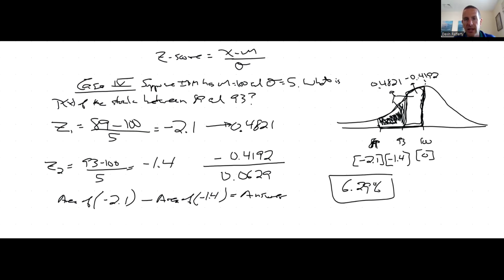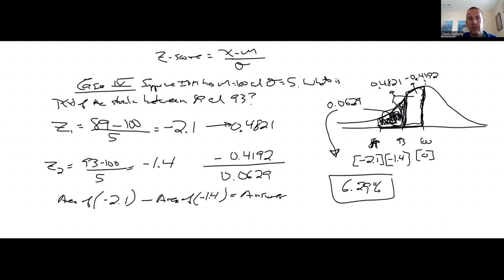What we do is we take the big area, as I mentioned, we take the big area minus the smaller area, and that will give us what we're looking for, our little interval here. Our little interval, which popped out as 0.0629 or 6.29%.